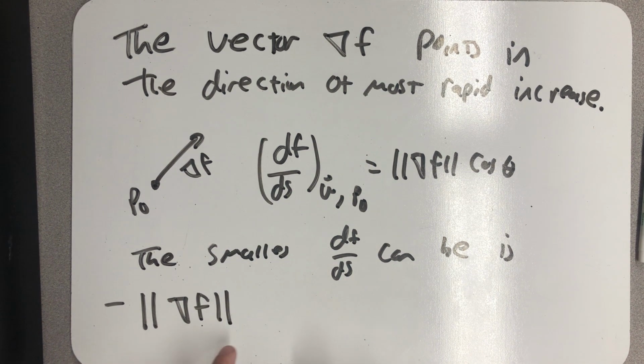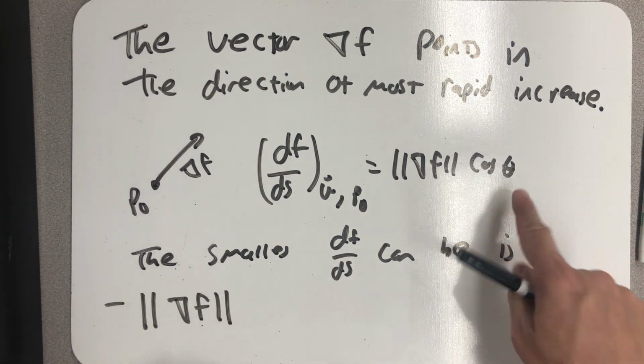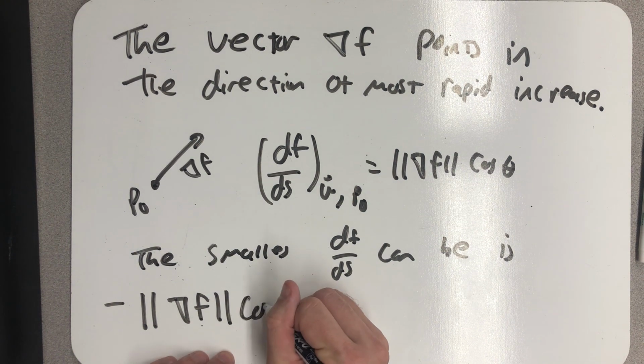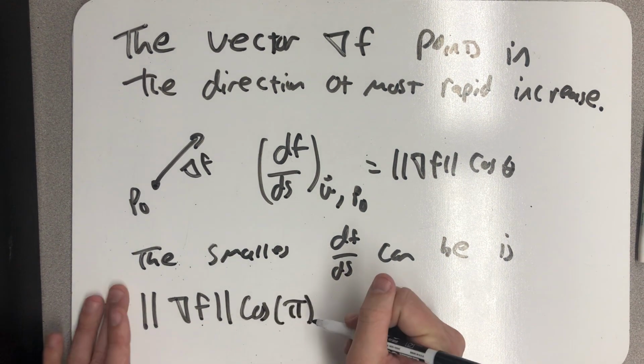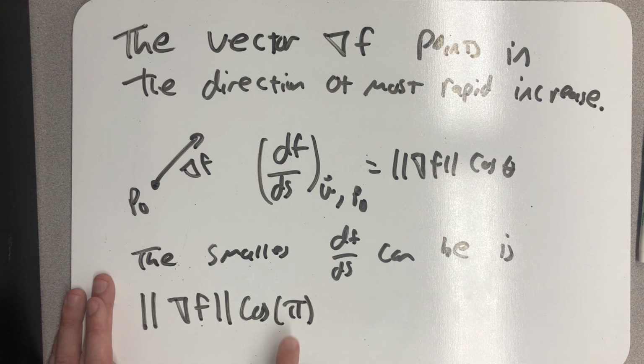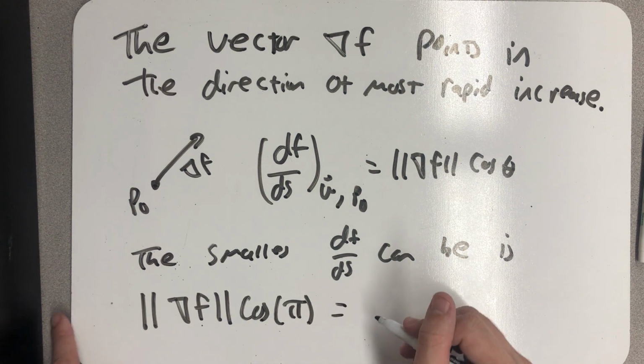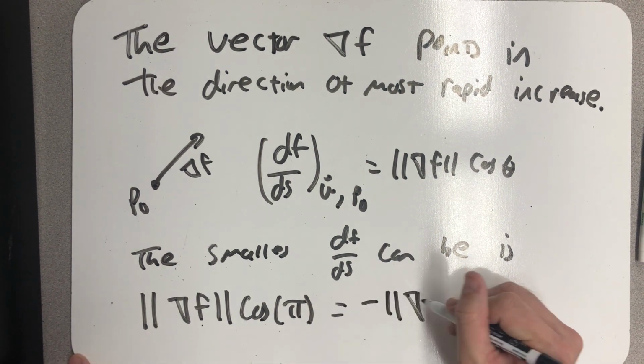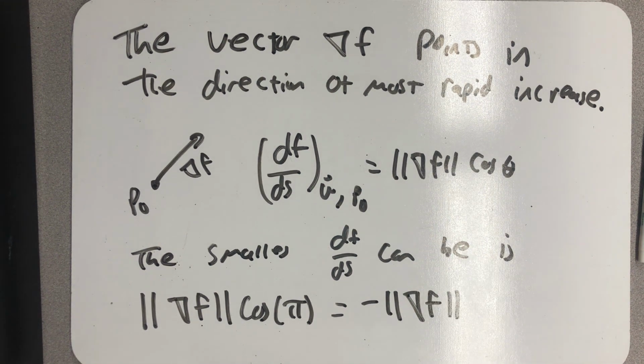And that occurs when, well, theta is equal to pi. Because that would mean I would need a -1. So cosine pi is -1. That's where I get that minus magnitude of del f.